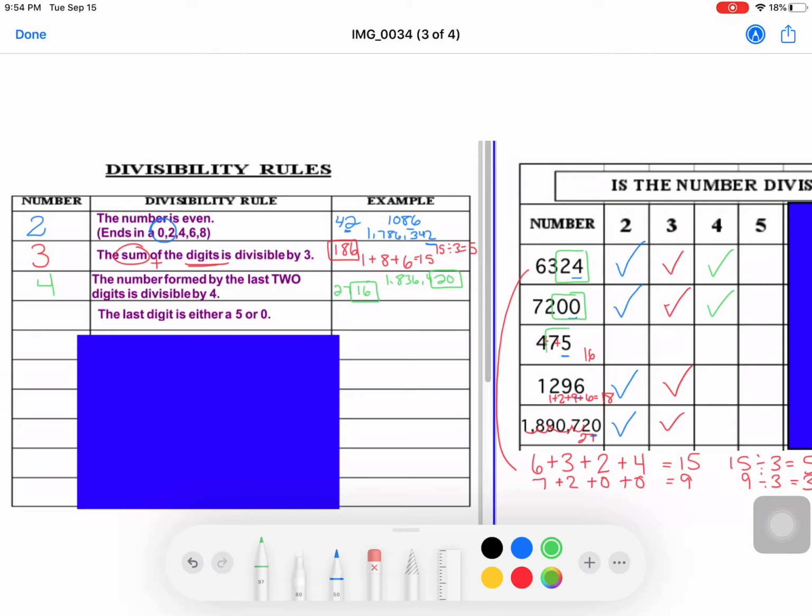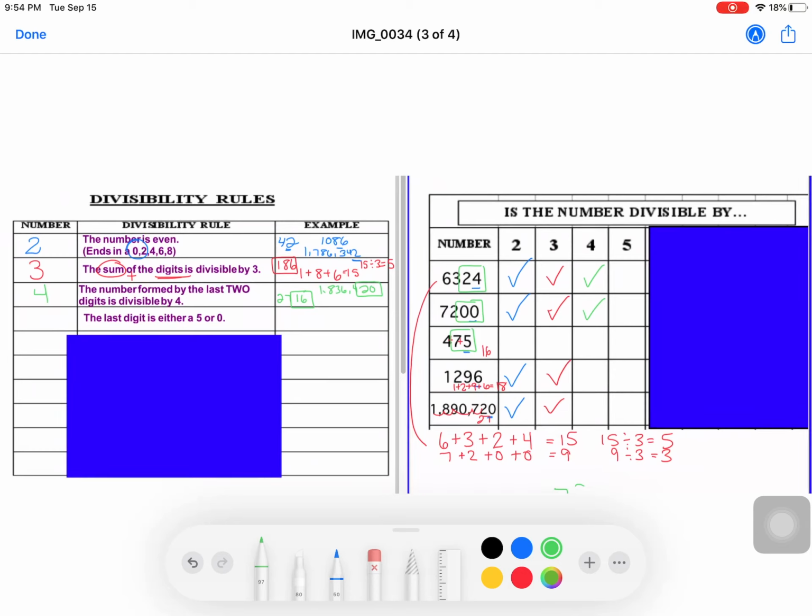Here we have 75. So I have to think about, does 4 go into 75 evenly? If I wasn't quite sure about that, I could divide it out. I'm going to write it over here, 75 divided by 4. 4 goes into it once, which is 4, and I get 35.